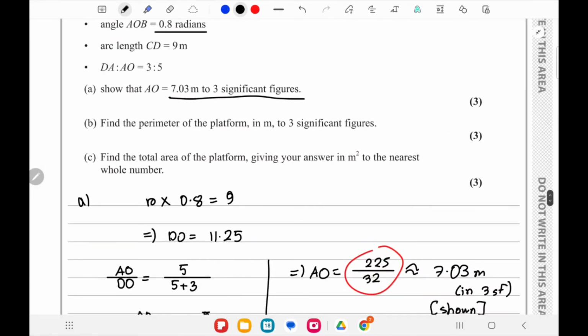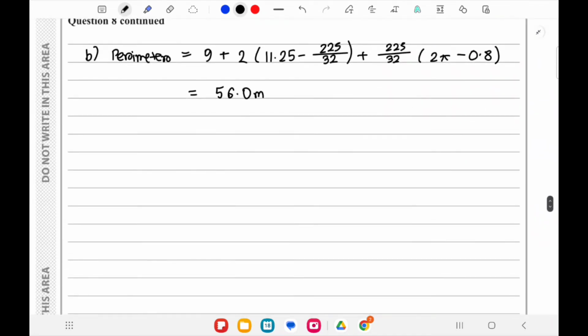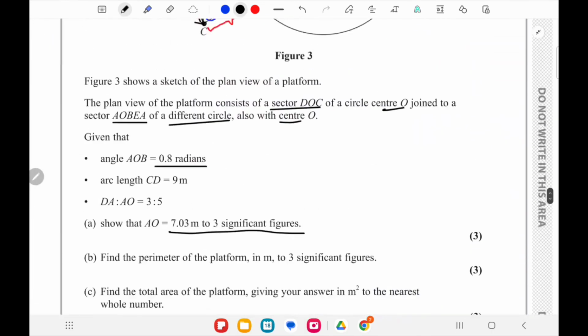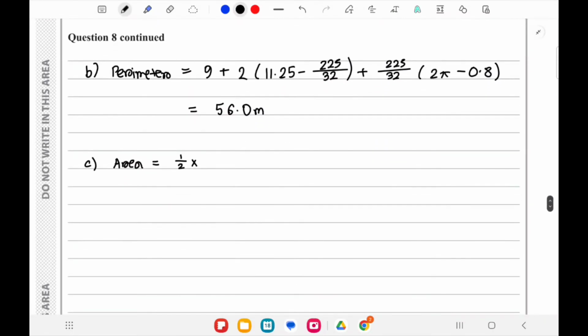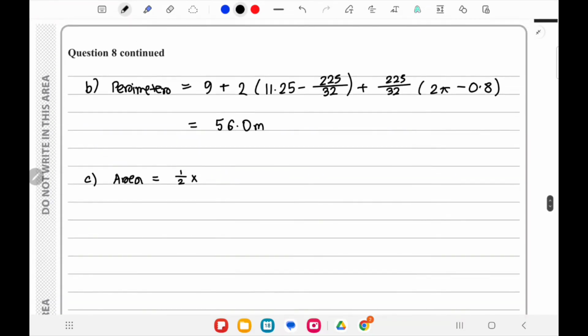Now in part C, we have to find the total area of the platform. So the area of the two sectors. Area of a sector is half r squared theta. So for sector OCD, the area is half into 11.25 squared into theta, which is 0.8, and the other sector will have half into its radius, which is 225 by 32, squared, into its angle 2 pi minus 0.8.